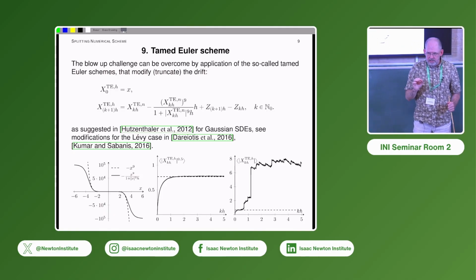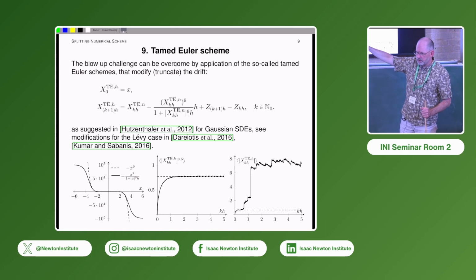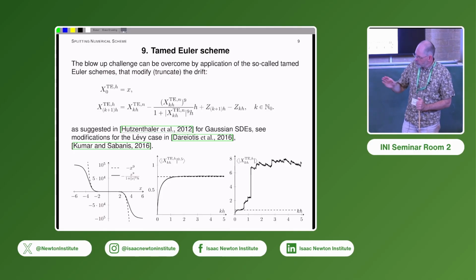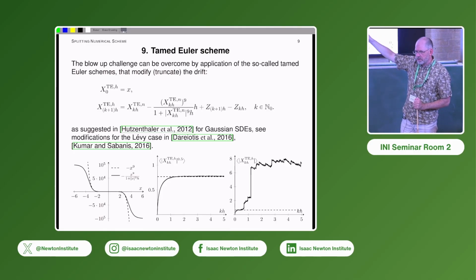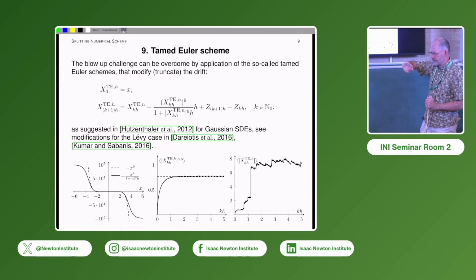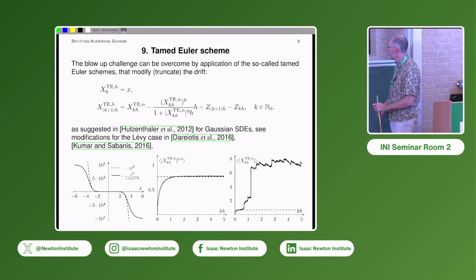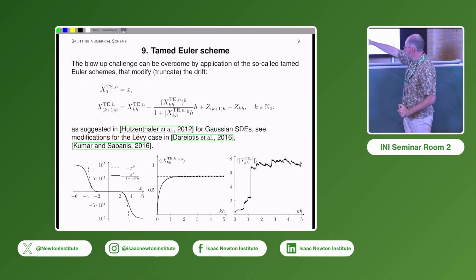And the conjecture is that up to 1, it will give you a good result. There are papers by some guys from Edinburgh. They showed that this converges in the Lévy case, but they assume that Lévy processes are at least square integrable. So their results are not applicable here, but I strongly believe everything will work up to the integrability of the noise.